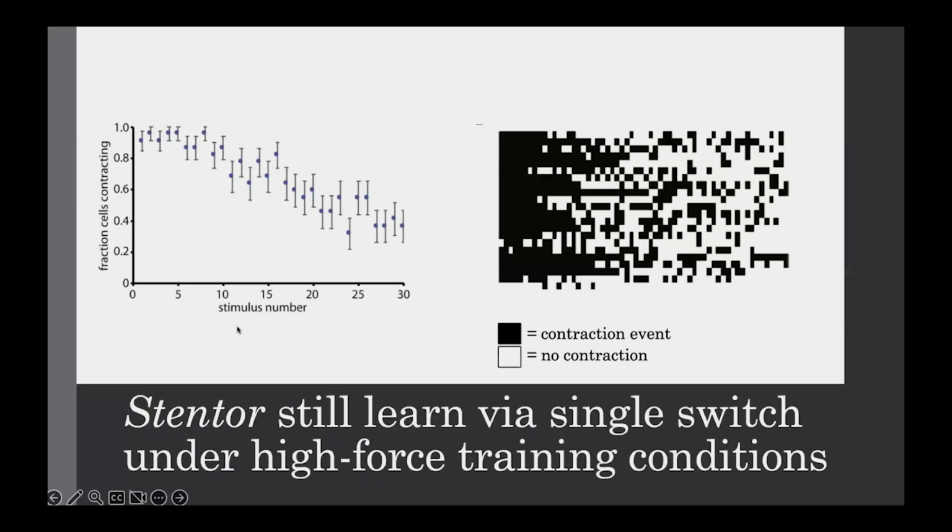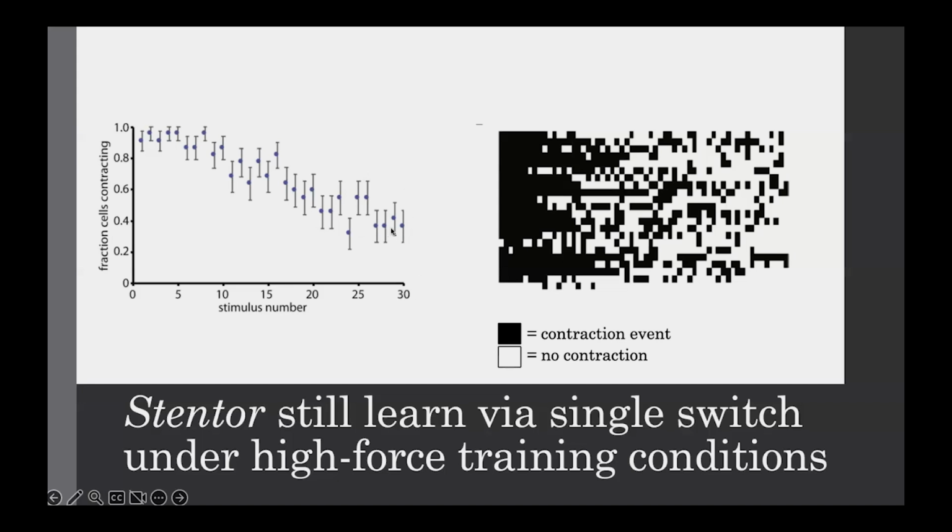On this plot, on the x-axis we have stimulus number, and on the y-axis we have the fraction of cells contracting in the population. If you compare this to the previous data I showed, the habituation still occurs, so Stentor can still learn under high force conditions, but they're less habituated as a population by the end of the 30 trials.